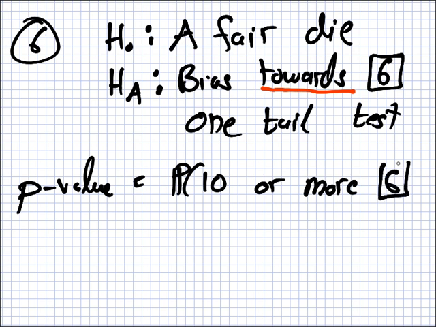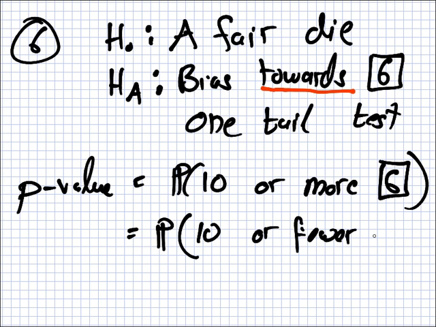I'll write a 6 in a box here. Okay? However, do our tables allow us to calculate "or more"? No, so we'll have to change this into a statement about "or fewer". So 10 or more 6s would be, is there 20? Yeah. 10 or fewer not 6s. Failures. Yeah? Yeah?